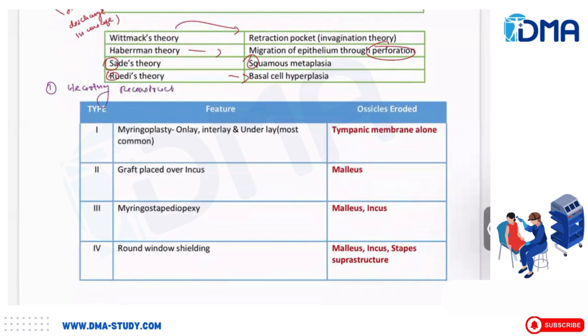Number two is disease clearance. So we have separate treatment modalities for these two.